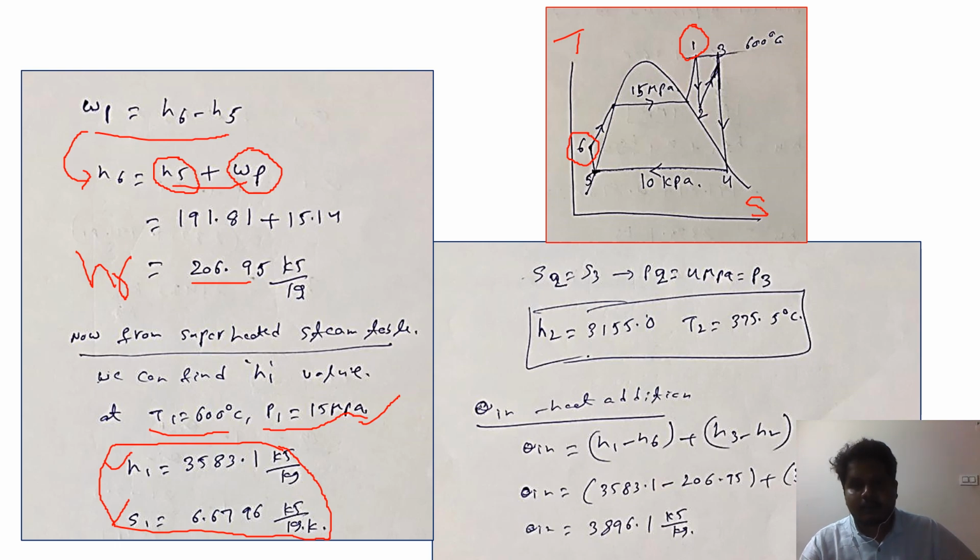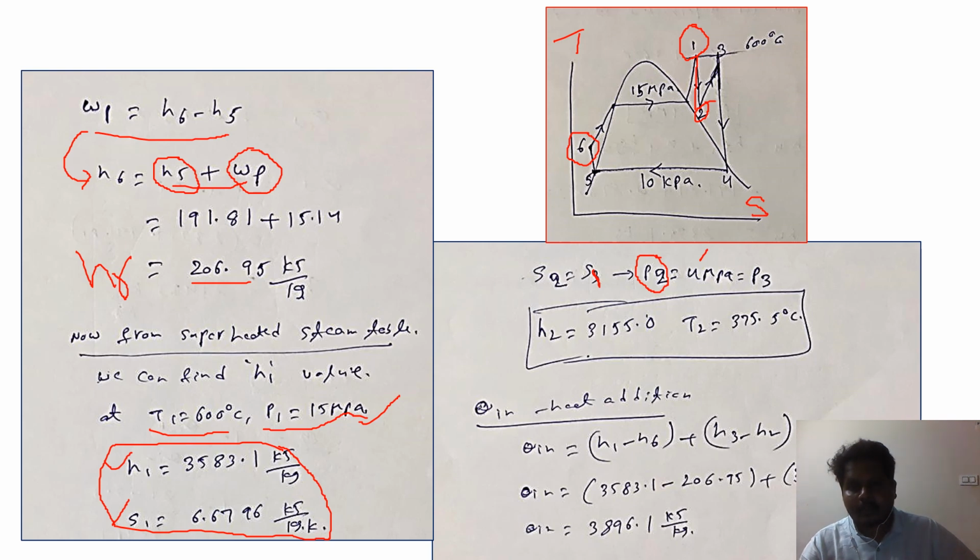Now we know that the process 1 to 2 is an isentropic expansion process. So S2 equals S1, and at point 2 the pressure P2 equals 4 megapascal. This we already calculated.